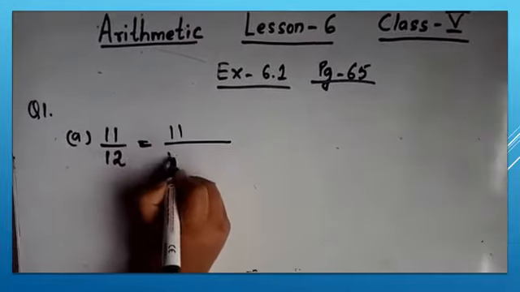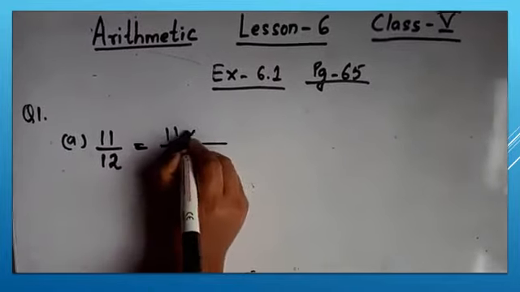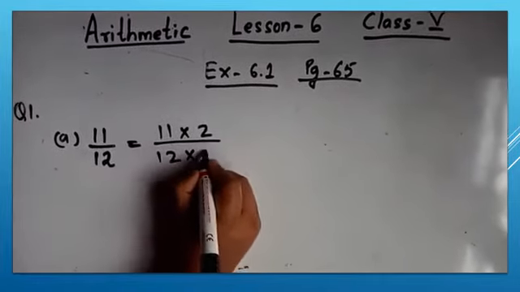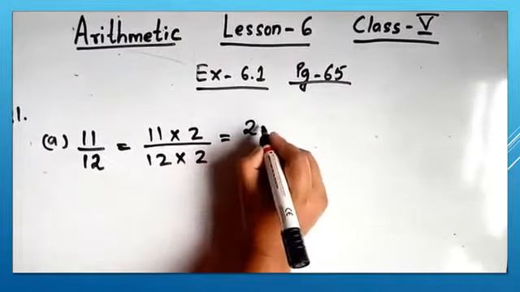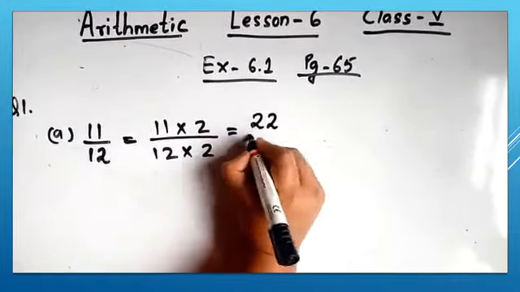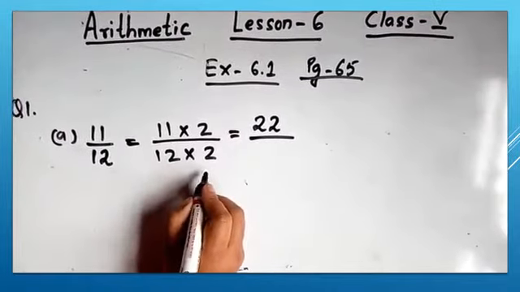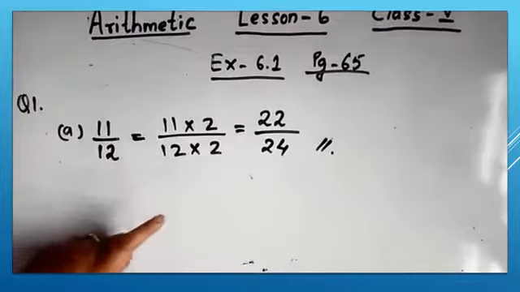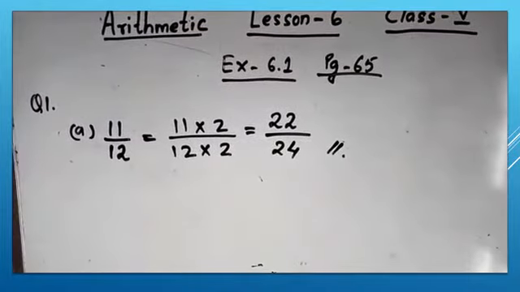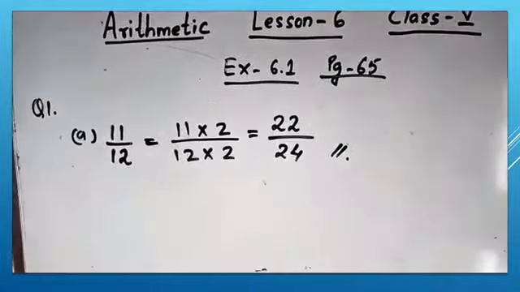Suppose we multiply the numerator with 2, so the denominator also we have to multiply with 2. So 11 multiplied by 2 is 22. 12 multiplied by 2 is 24. So this is your equivalent fraction of 11 by 12.